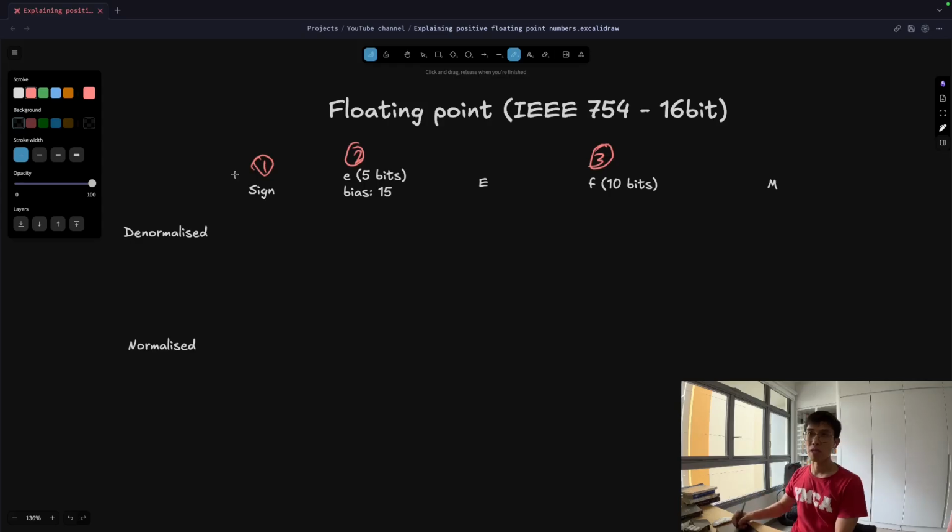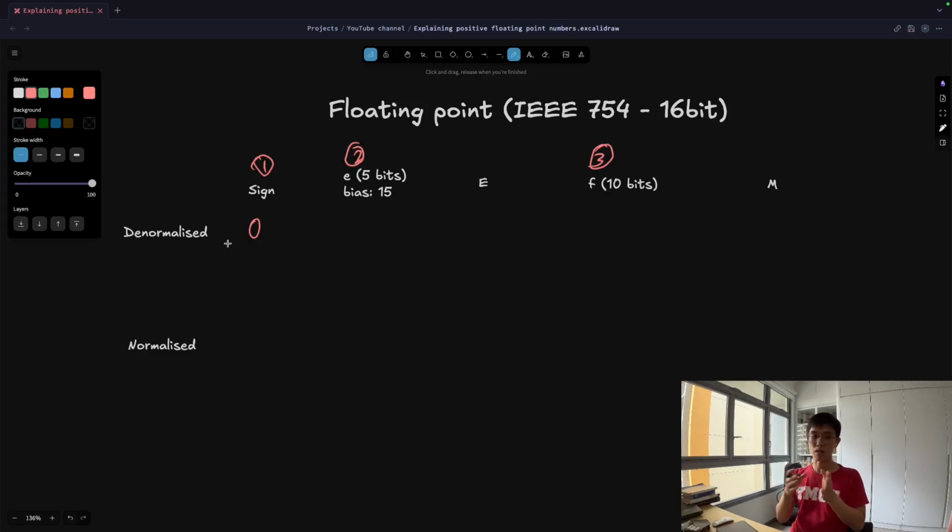So we'll start with the sign bit. Since we're talking about positive floating point numbers, the sign bit for all floating point numbers that we'll be talking about today is just zero. I'm starting with denormalized numbers because denormalized numbers are the closest to zero.